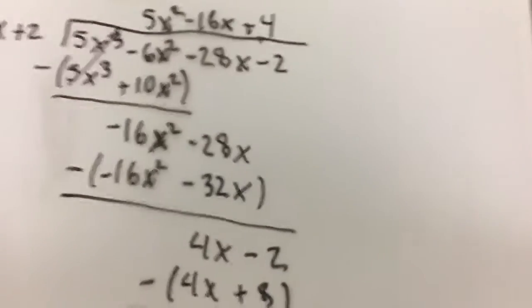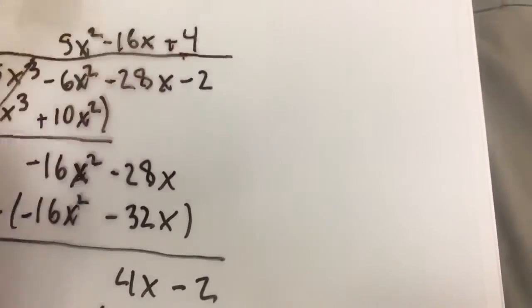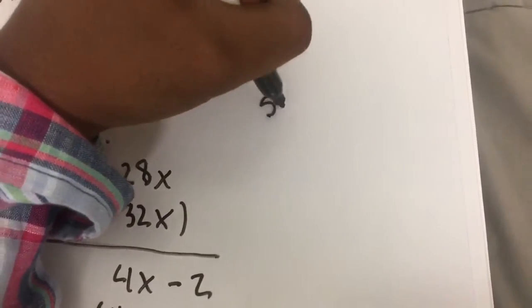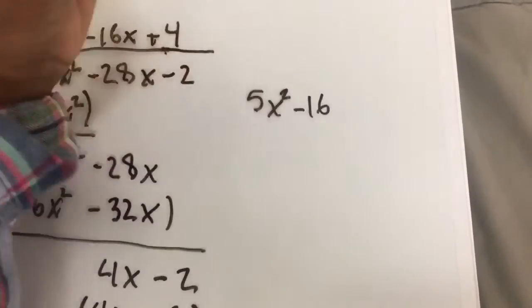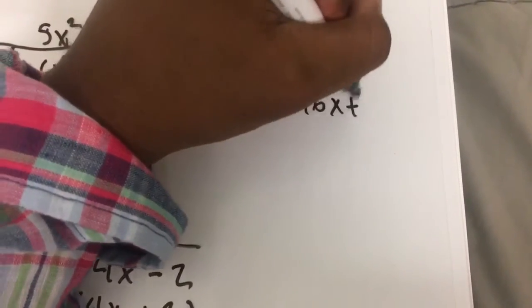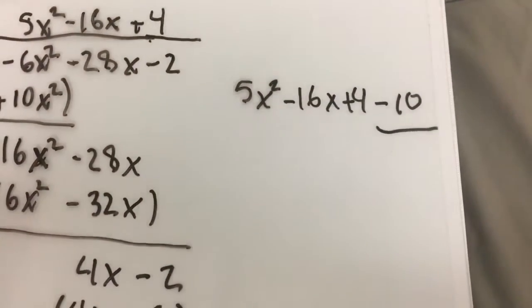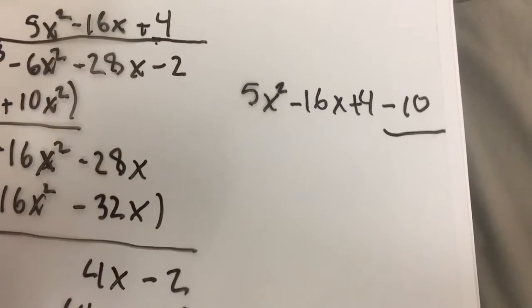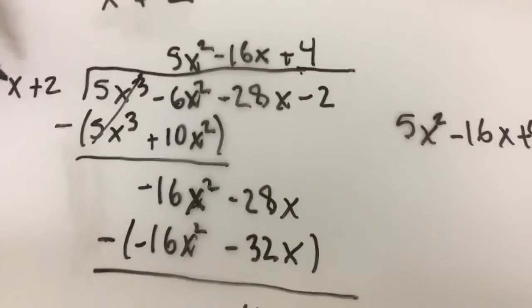To write it out correctly, it's going to be 5x squared minus 16x plus 4 minus 10 over, remember just like synthetic, over this number right here, x plus 2.